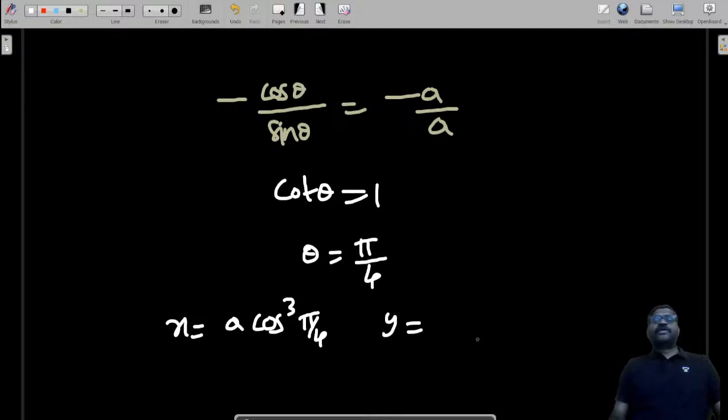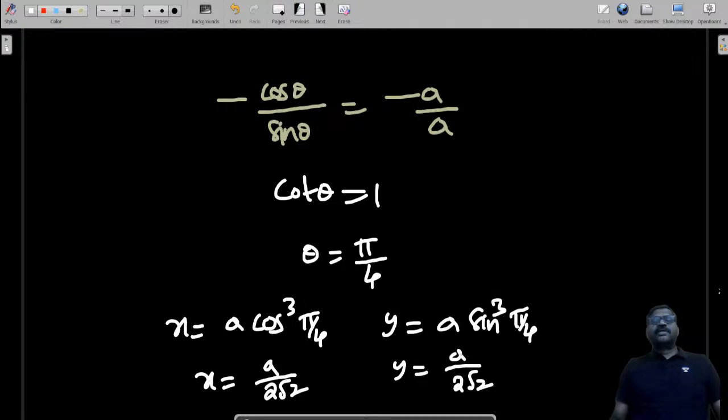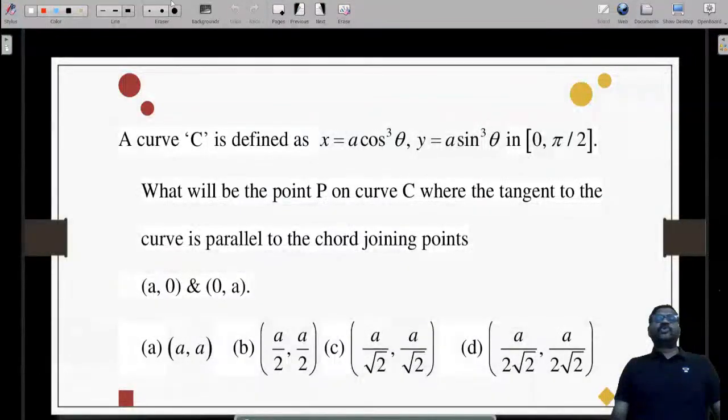X equal to a cos cube pi by 4. Y equal to a sin cube pi by 4. X is equal to a into 1 by root 2 whole cube, which means a by 2 root 2. Y is a by 2 root 2. Finally, the point is a by 2 root 2 comma a by 2 root 2.